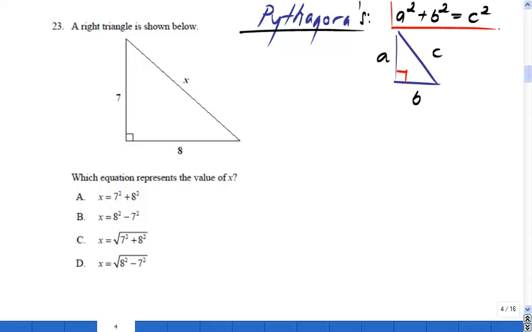When you say that, you always acknowledge that a and b are the legs of your right triangle, a and b are the shorter sides, while c is your hypotenuse, right?